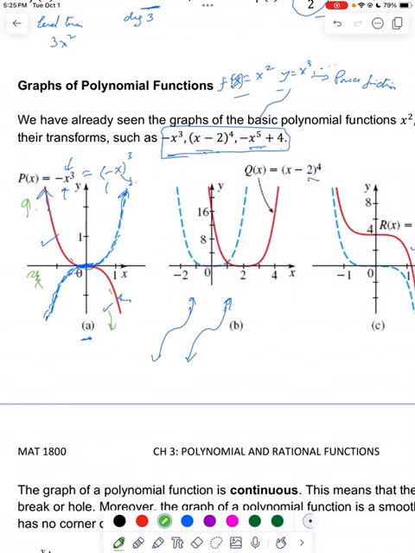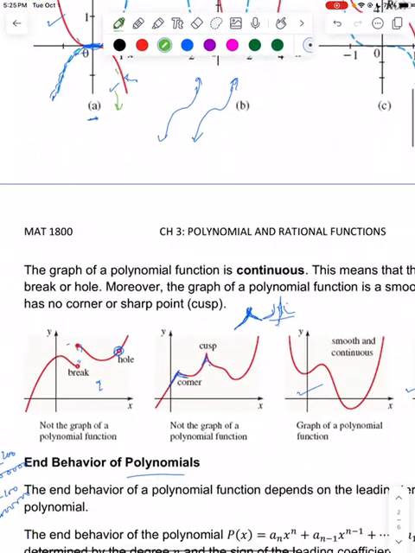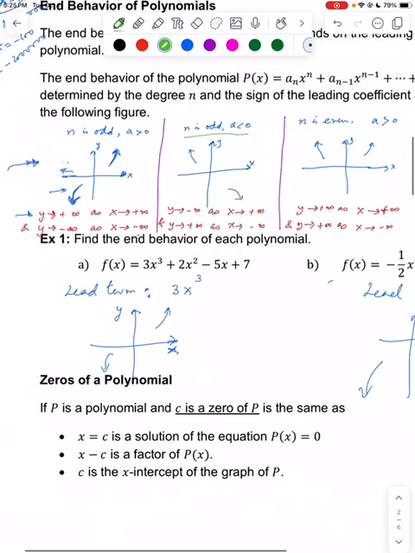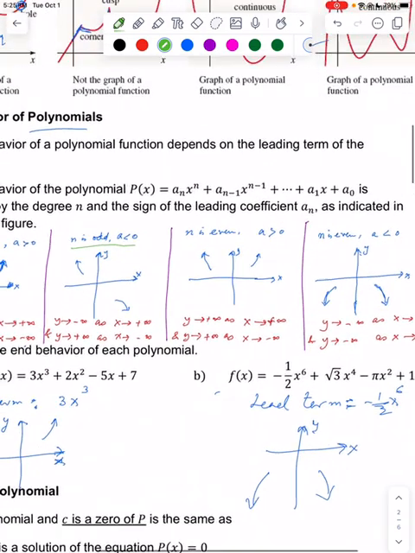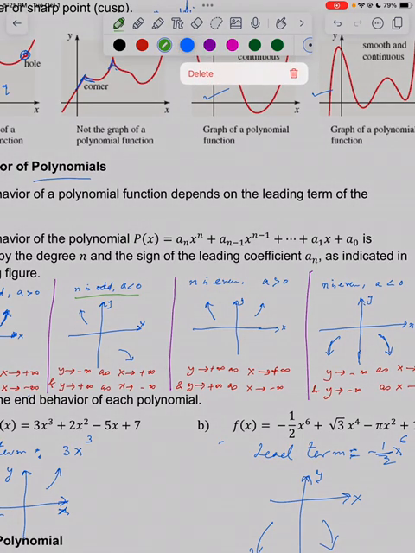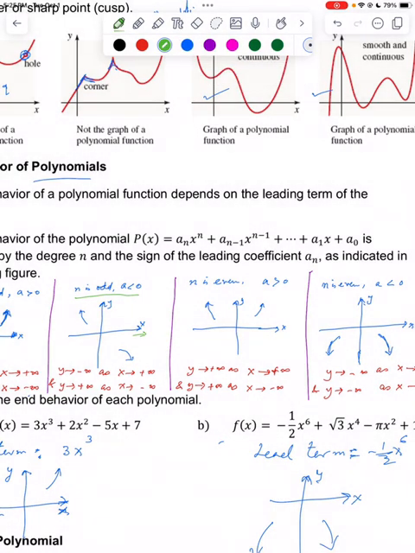So in other words, it will behave opposite to what we have when a is positive. So we have the end behavior shown here: Y goes to negative infinity when X goes to positive infinity, and Y goes to positive infinity when X goes to negative infinity.